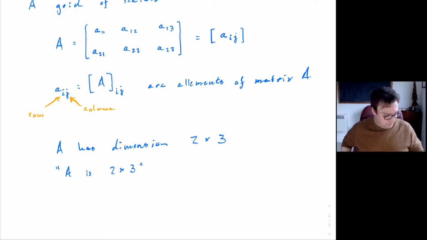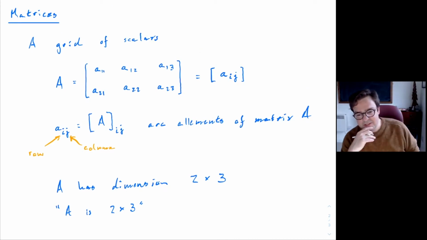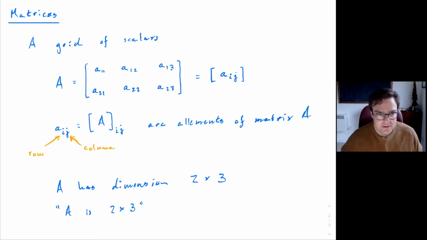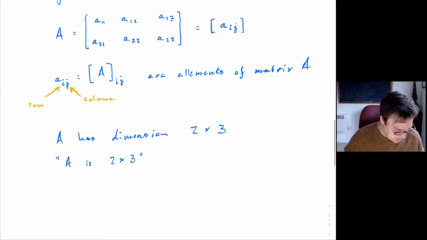That's the short version of saying that. Okay, so that's what a matrix is. It's a grid of numbers. Obviously, the dimensionality doesn't have to be 2 by 3, but we will always take it to be a two-dimensional grid, so that it doesn't have a depth or anything like that. And so that's what matrices are.